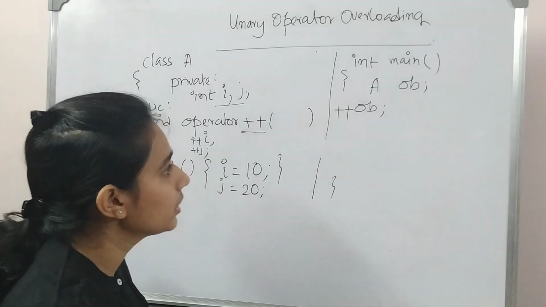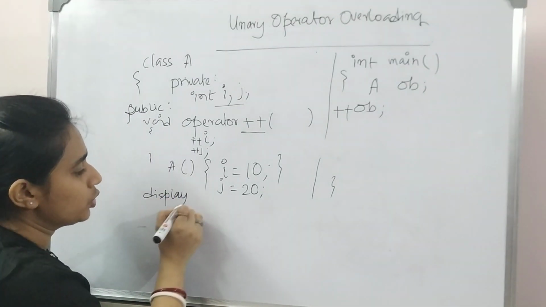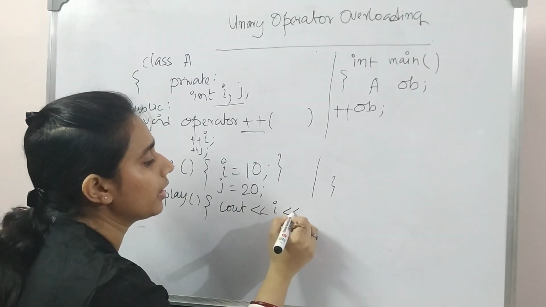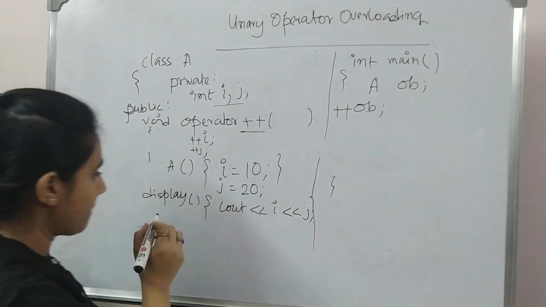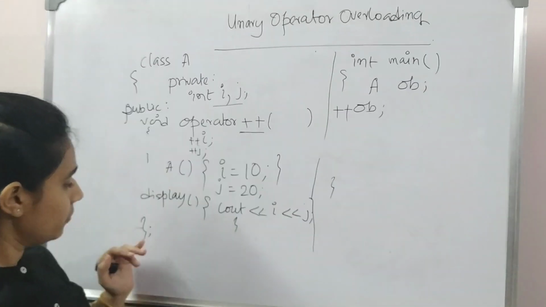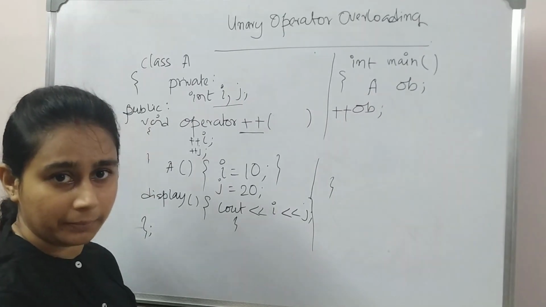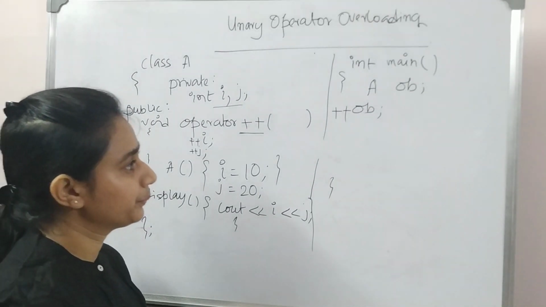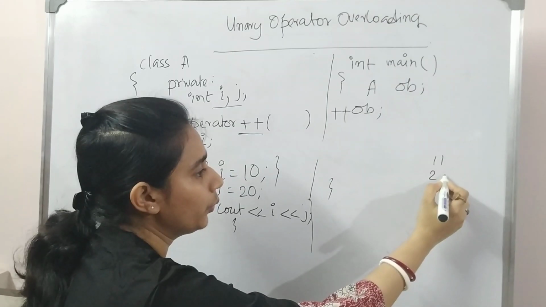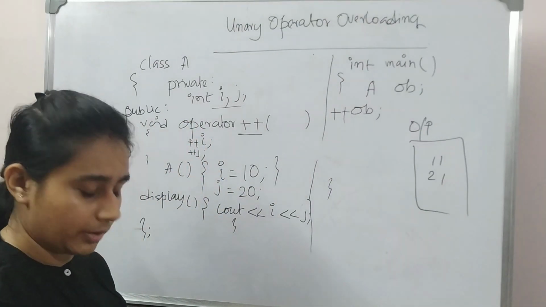Say I have another display function to display it, cout i and j. End of the class definition. Now I am writing ++ob. Now it will give the answer 11 and 21. The output will be 11 and 21.